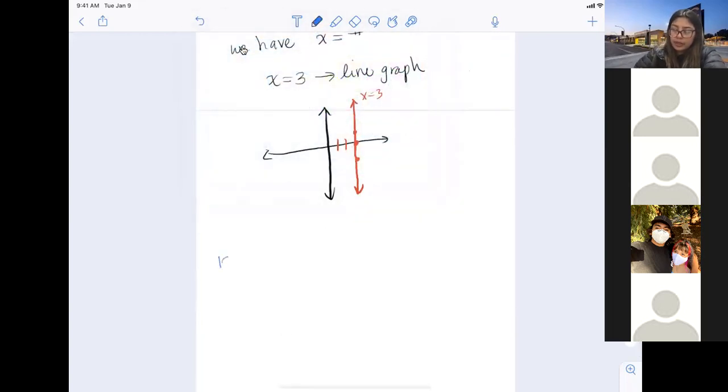So question 15. Question 15 is, given the slope and a point, create an equation.